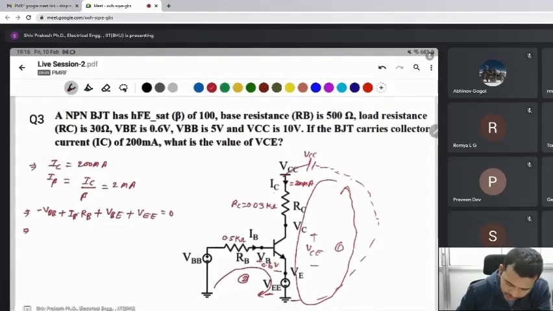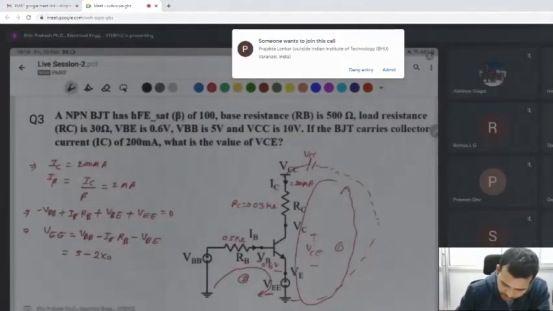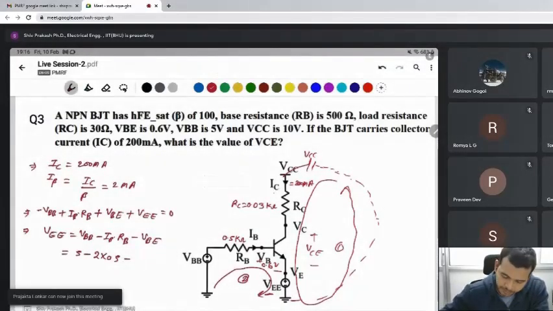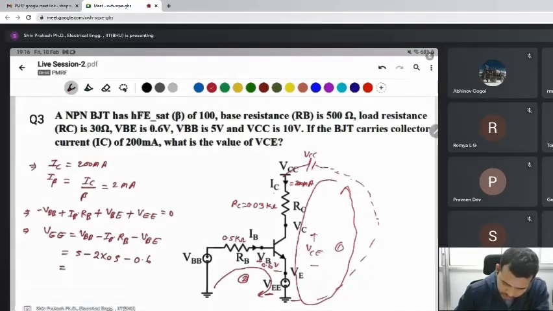We require VE, so VE is VBB minus IB RB minus VBE. VBB is given 5 volt, IB is 2 milliampere into 0.5 kilo ohm, and VBE will be 0.6 volt. Then we find 3.4 volt.